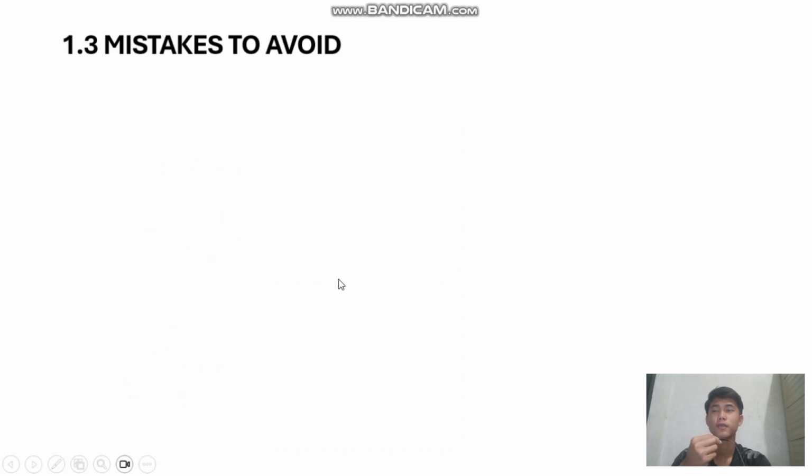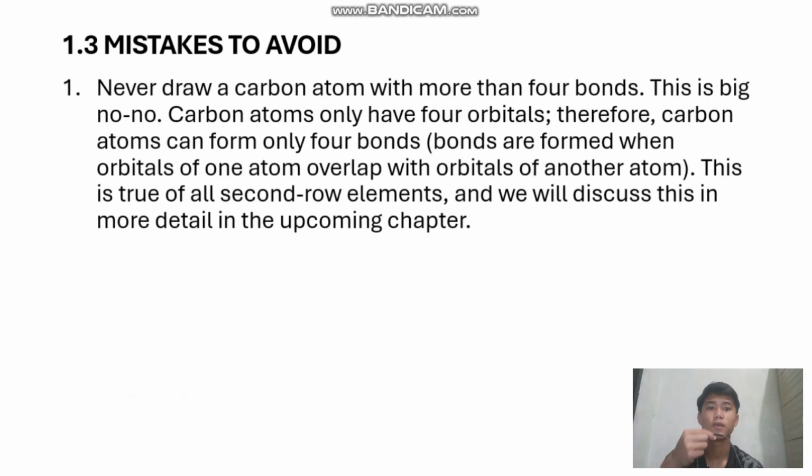So third, we have these mistakes to avoid. So never draw a carbon atom with more than 4 bonds. This is a big no-no. Carbon atoms only have 4 orbitals. Therefore, carbon atoms can only form 4 bonds.